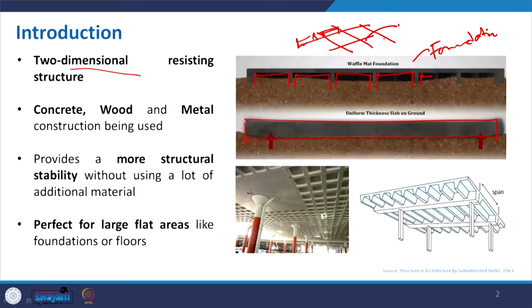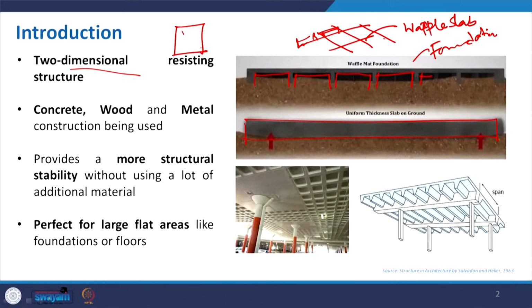We also call this a waffle slab. This will not only reduce the material, but also increase the efficiency of the structure. When we discussed the efficiency of a structural form, we saw that whenever we take one solid rectangular section, the maximum bending stress occurs in the outer fiber, whereas at the center there is less stress. So we can improve it by making it an I section.